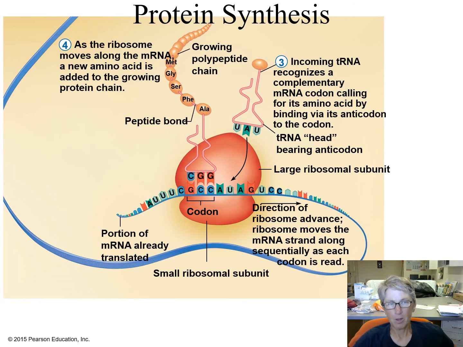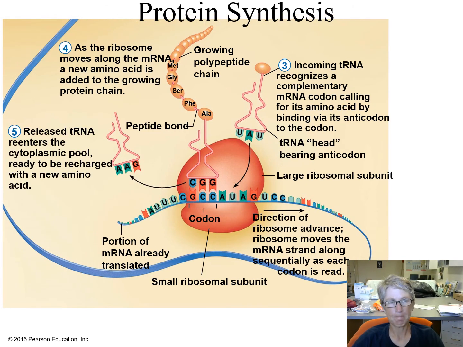Okay, so number 4 says, as the ribosome moves along the messenger RNA, so the ribosome is moving this way along the messenger RNA while the messenger RNA is moving in the opposite direction, a new amino acid is added to the growing protein chain. That's what this is. So when this transfer RNA docks here in this codon site, then these two amino acids will be linked via a dehydration synthesis.